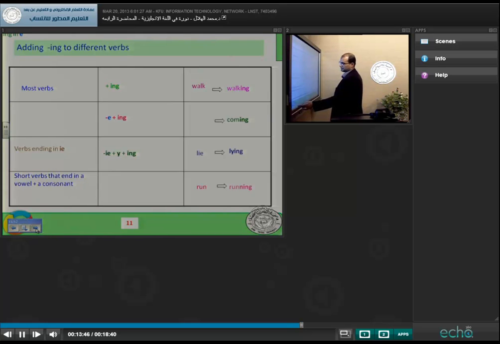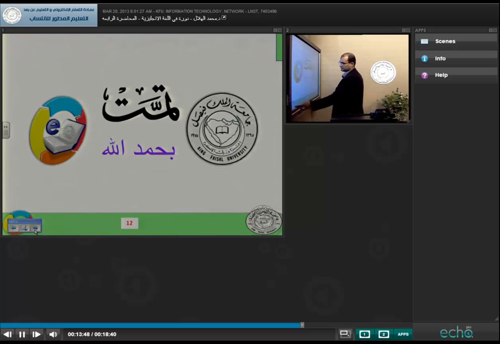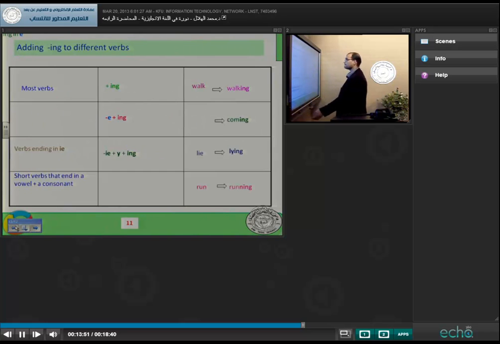So most verbs in English will be formed by just adding the ing to the end of the verb. A common verb like walk would become walking. So it is just a matter of adding the ing to the end of the verb.